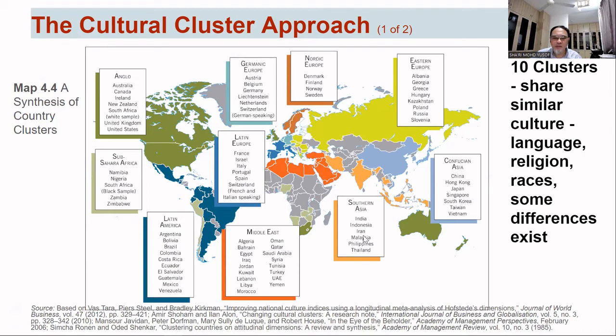Southeast Asian culture, India. I do not know whether India is here. Iran, no, I don't think so. Then Germanic Europe, Nordic Europe, Eastern Europe, Latin Europe, and the Middle East.